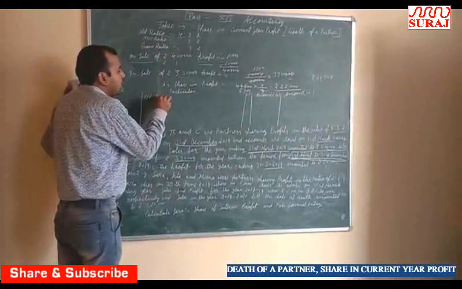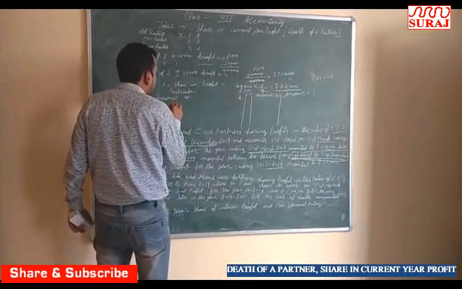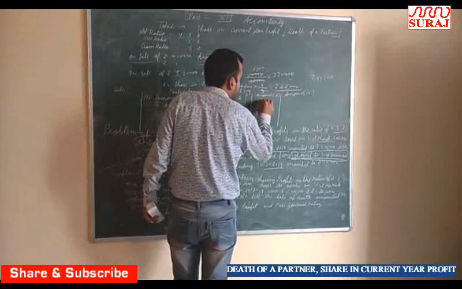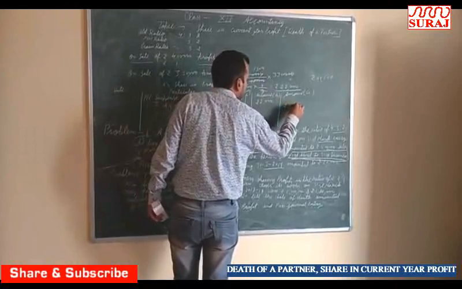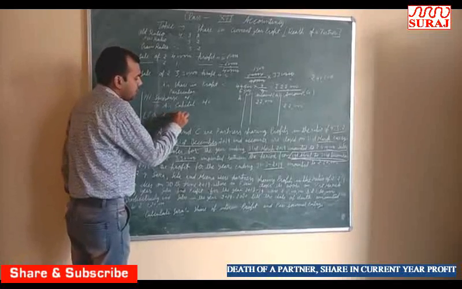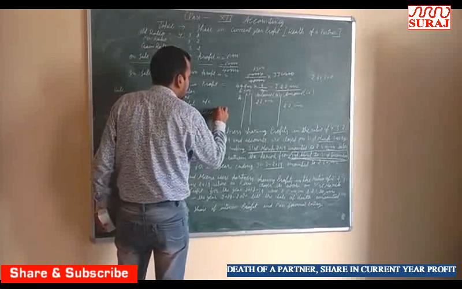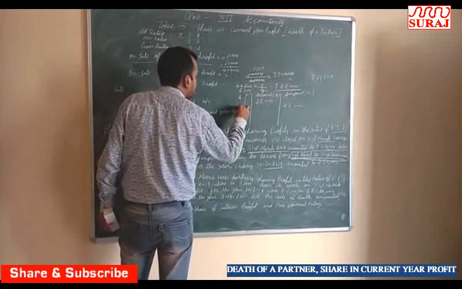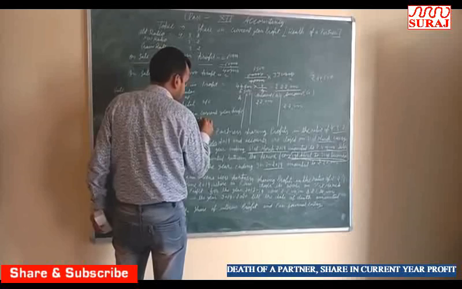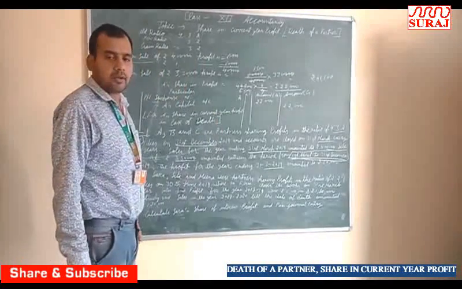Profit and Loss Suspense Account debit to deceased partner A's capital account for 22,000, being A's share in current year profit in case of death. That is our first problem.